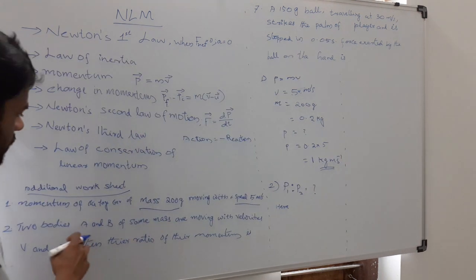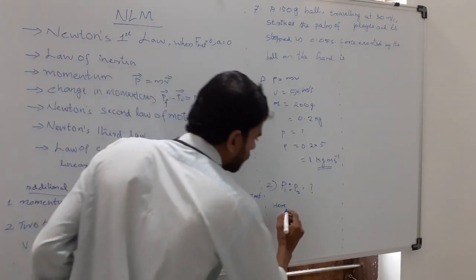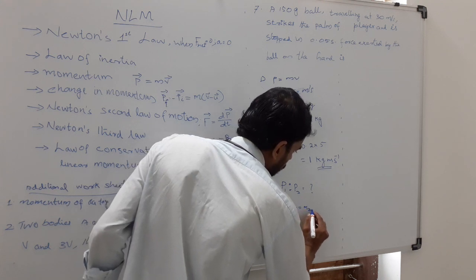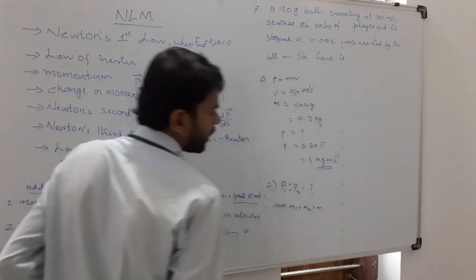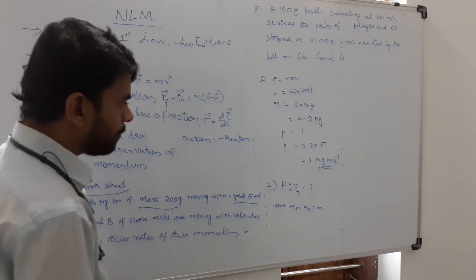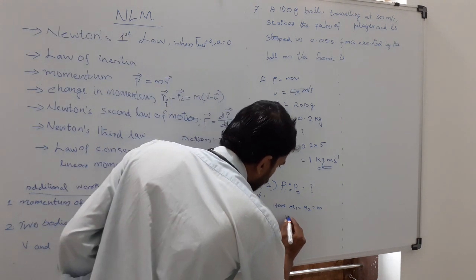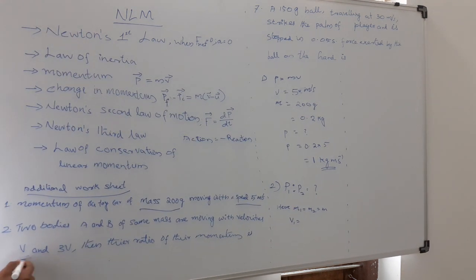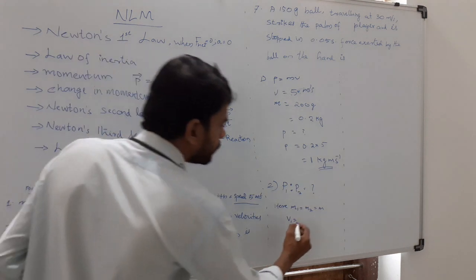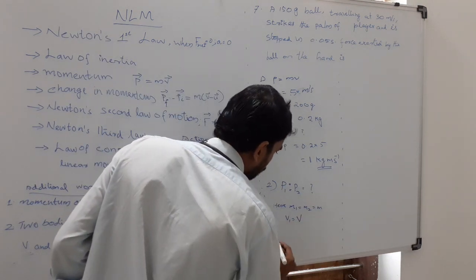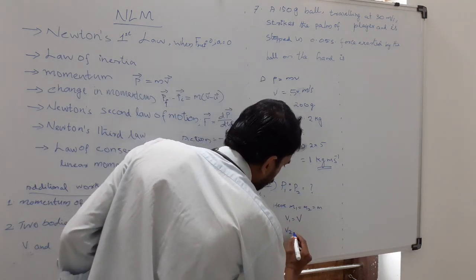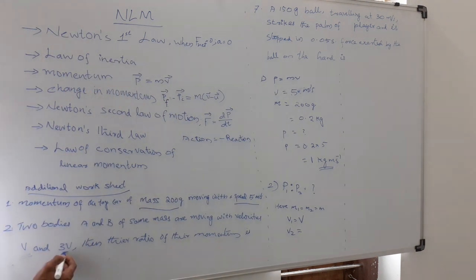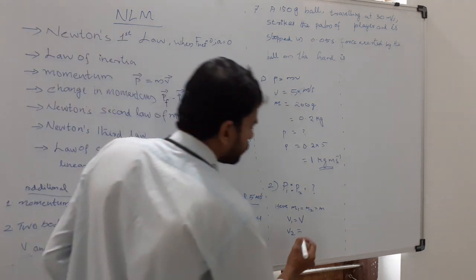What about mass? Masses are the same, so m1 equal to m2 equal to m. The velocity of A is given as v, so v1 is equal to v, and for the velocity of B, take v2 as 3v.